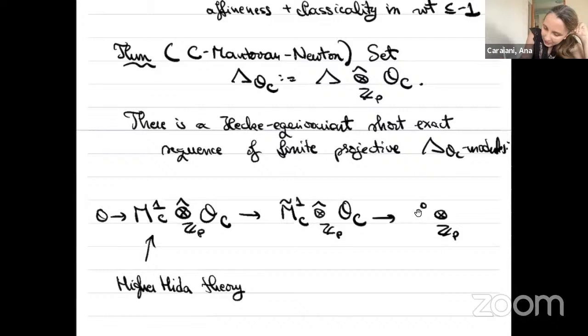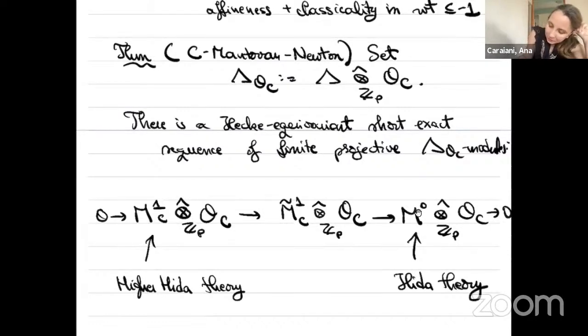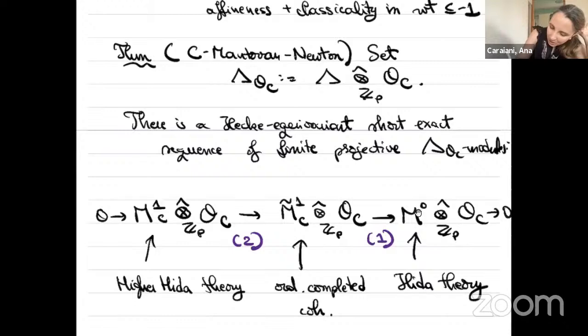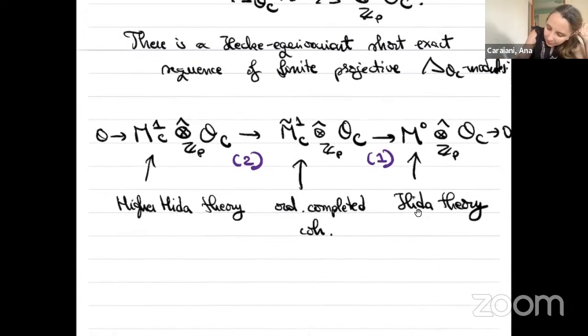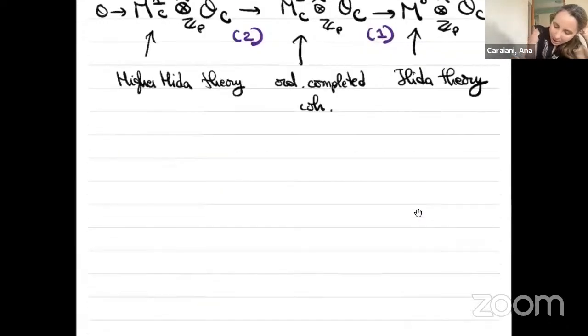Let me clarify that this is an M. And this is what one generally refers to as Hida theory. And here, ordinary completed cohomology. Right, and let me say that I have, so 1 and 2, these are the two maps. And I want to say what happens to the lambda action.